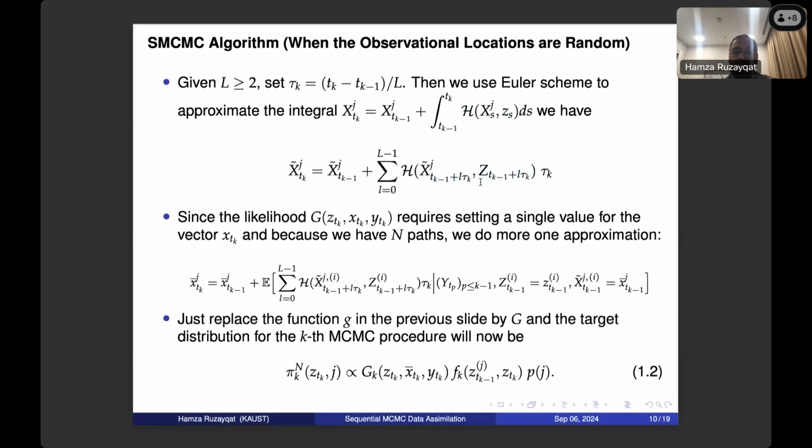But then the issue is that we have n paths of the states, or n particles here in z, so we have to do another approximation. We take the average over these particles to have this estimation of the location of the observer. And then in the previous algorithm, we just replaced the likelihood density small g with the capital G that takes into account this X bar.